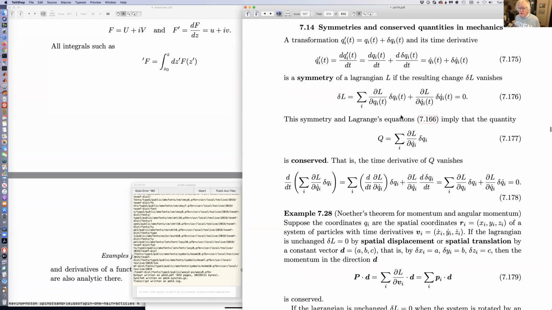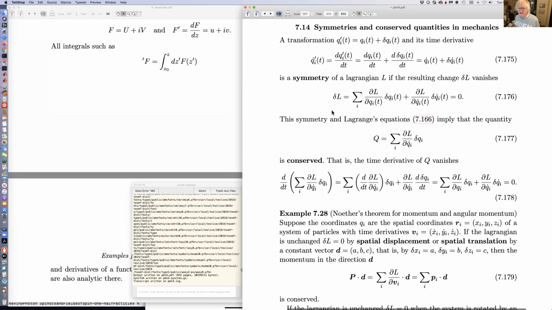If we now write this in terms of Lagrange's equations, we'll see that Q is conserved. Q here is the momenta times the change in the coordinates due to the symmetry transformation.